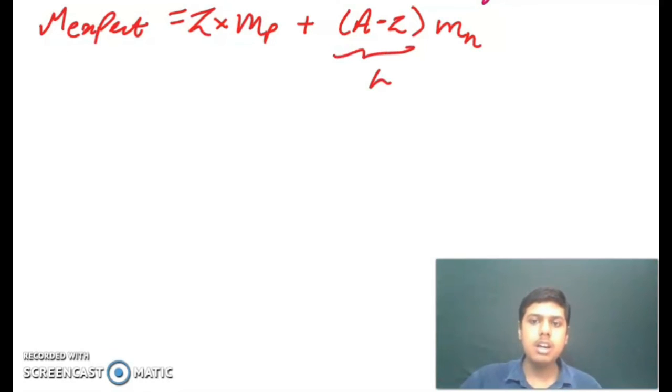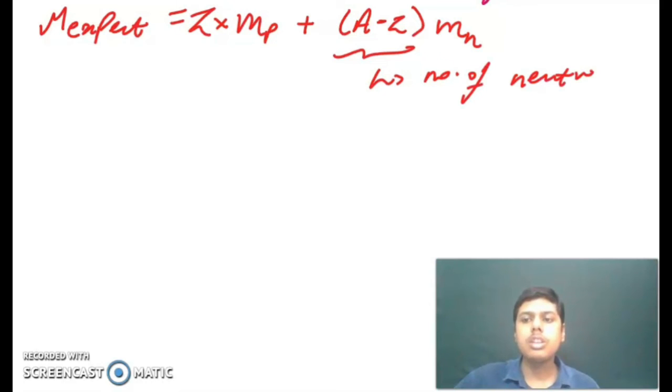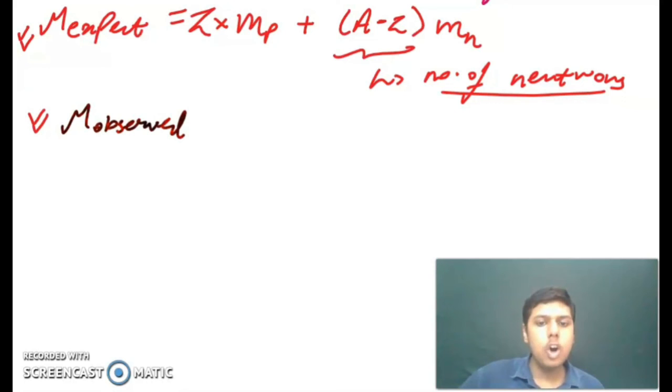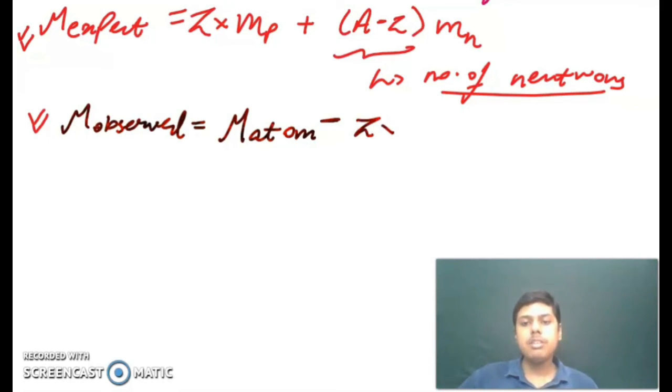So like this we have calculated the expected mass. Now let us see the observed mass. Observed mass is the mass of the complete atom minus atomic number multiplied by the mass of electrons.